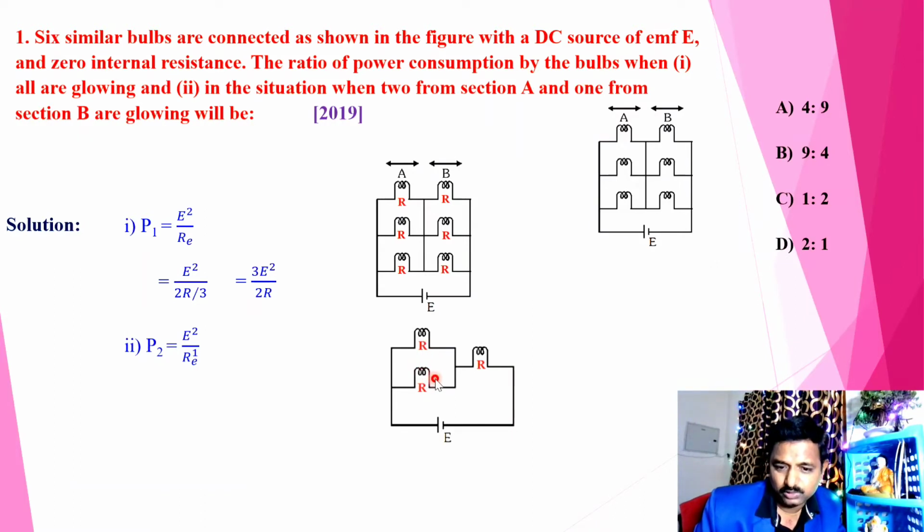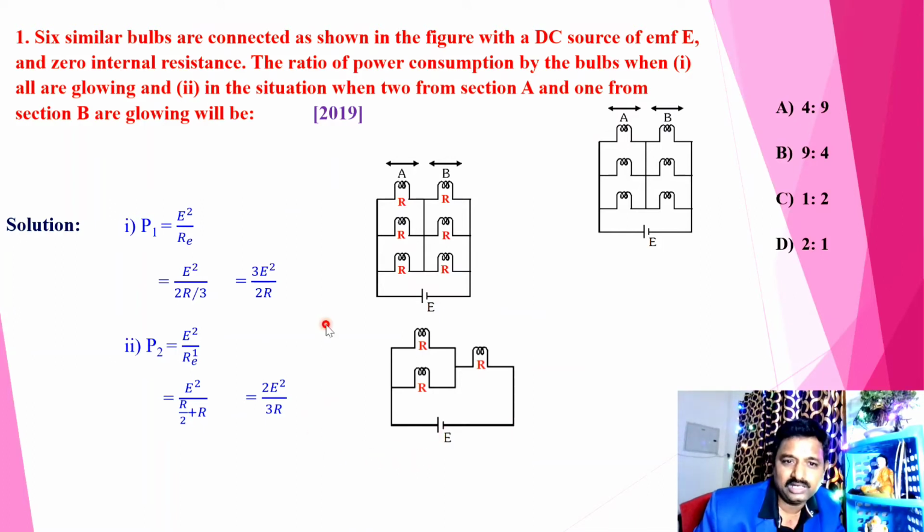And this R by 2 is connected in series to this R. So the total resistance will be R by 2 plus R. So E square by the effective resistance, R by 2 plus R. If we simplify we will get 2E square by 3R. So we got the power in the second circuit, that means in the second case.